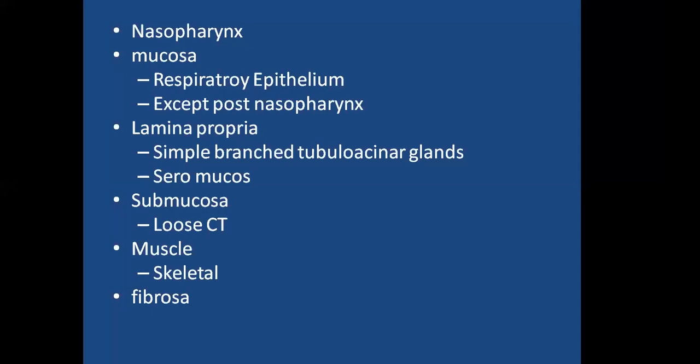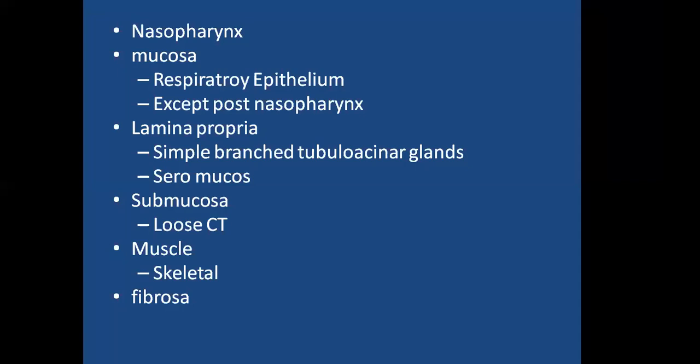If you remember, the muscularis layer in the stomach and the small or large intestine consisted of smooth muscles, but here the muscle layer is skeletal muscle. Outer to the muscle layer there is a fibrosa, which is a fibrous connective tissue, meaning it consists of collagen fibers. So the nasopharynx consists of the mucosa, submucosa, muscle layer, and the fibrosa.